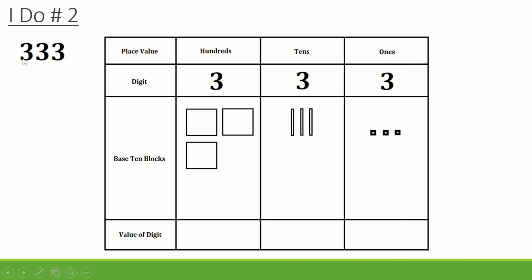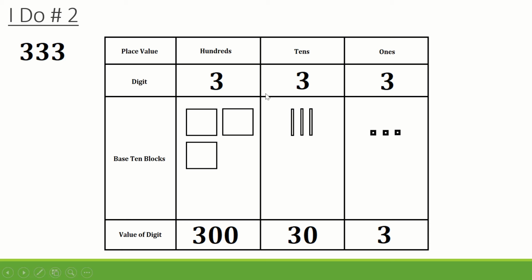The value of the digit in the hundreds place tells us that that digit is worth 300. And then the value of the digit in the tens place is 30. And the value of the digit in the ones place is 3.